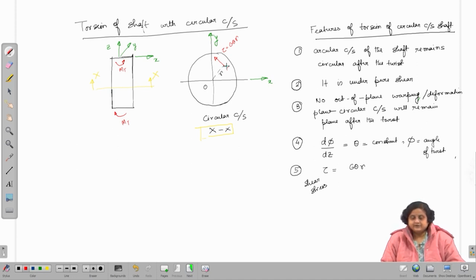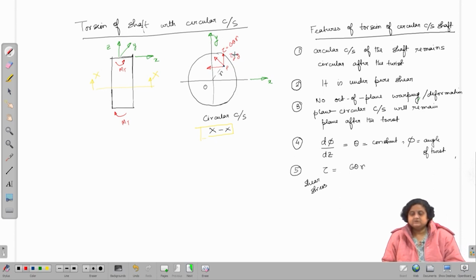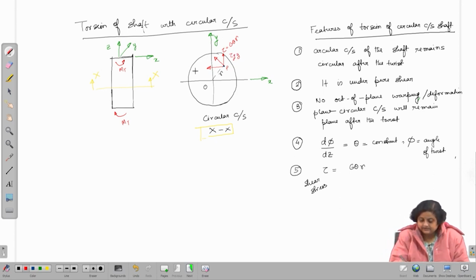Now, this shear stress can be resolved into two perpendicular components, one in the x direction and one in the y direction. Let me draw the one in the x direction, and there would be one in the y direction. The shear stress in the y direction can be written as tau yz, following the nomenclature that we have discussed earlier.